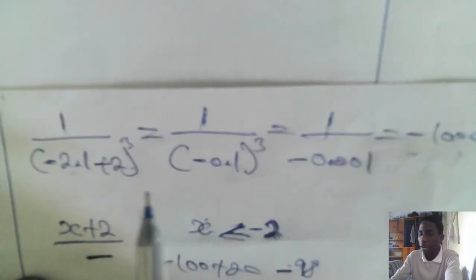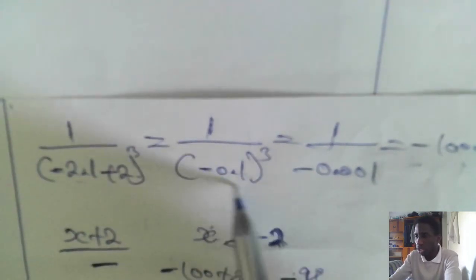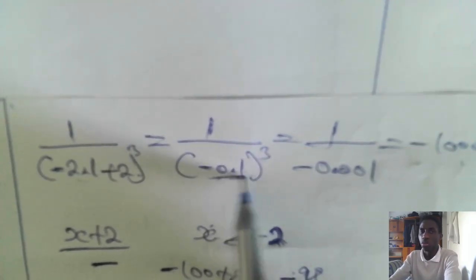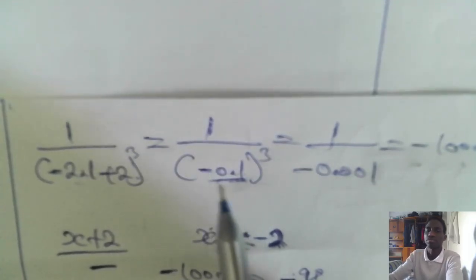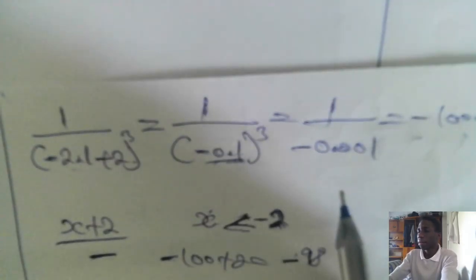We saw this happen actually over here, where we used minus 2.1, which was close to minus 2. At the denominator, we got a number that's close to 0 but had a negative sign. So it gives us a picture here. We had minus 0.1 at the denominator. So what do you expect?